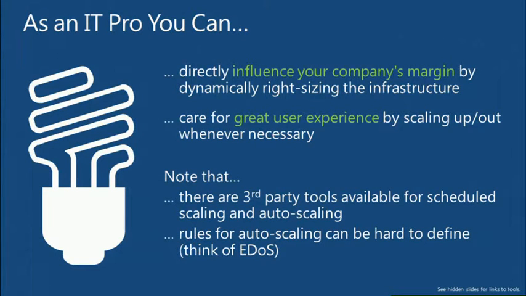Last thing. Ever heard of EDOS? Economical denial of service attacks? Something very new that came up with the cloud. A lot of people try to go for autoscaling, but autoscaling is a little bit complex, because think of the following. You implement an autoscaling rule, and someone who doesn't like you sends you a lot of requests, valid requests, so he generates load. What does your autoscaling do?